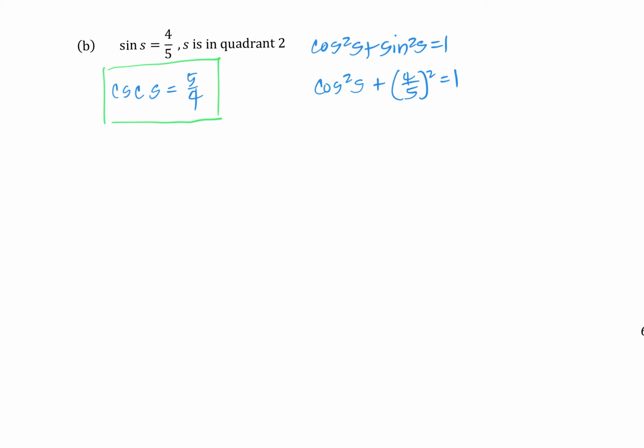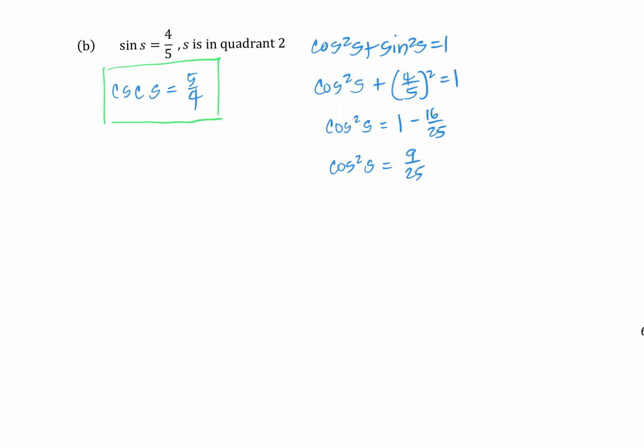That would be 16 over 25. So cosine squared of s is going to be 1 minus 16 over 25. And I'm going to skip some algebra. So 1 is going to be 25 over 25. 25 minus 16 is 9. I get cosine squared s is equal to 9 over 25.